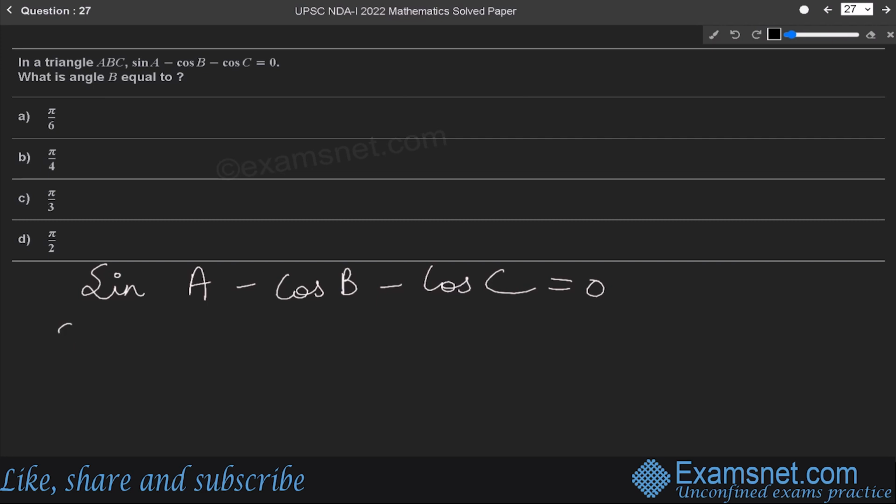Now I can write it as sin A minus (cos B plus cos C) is equal to 0.